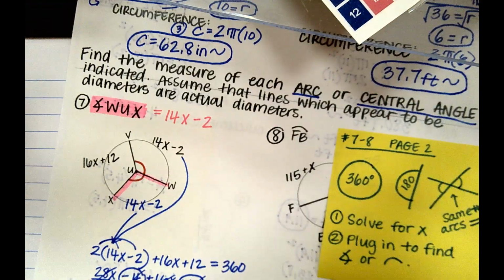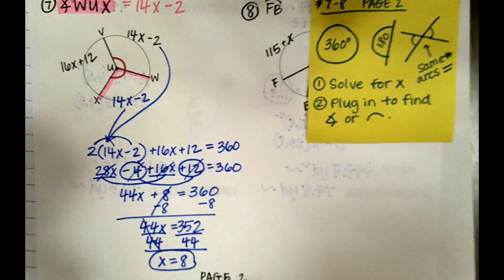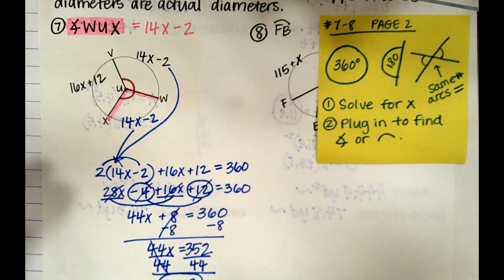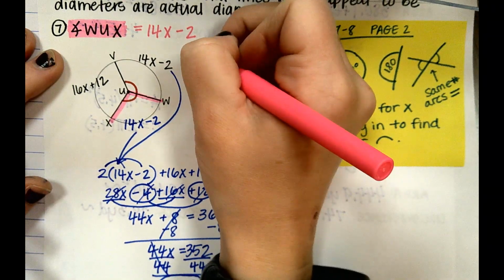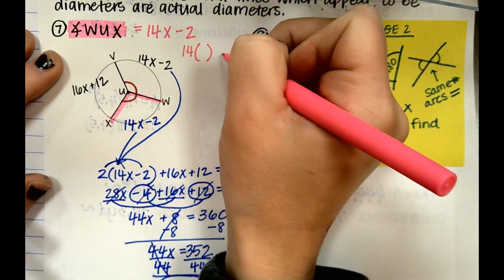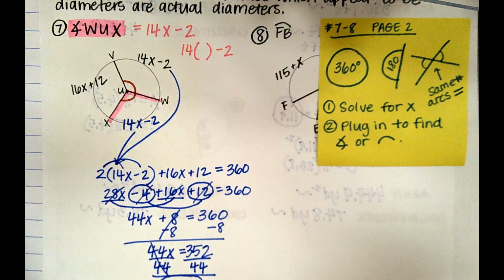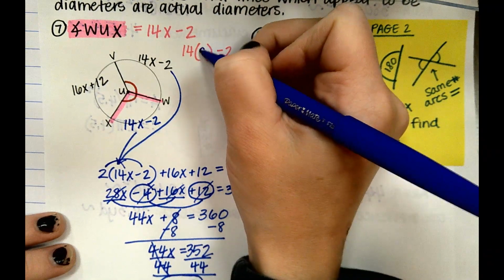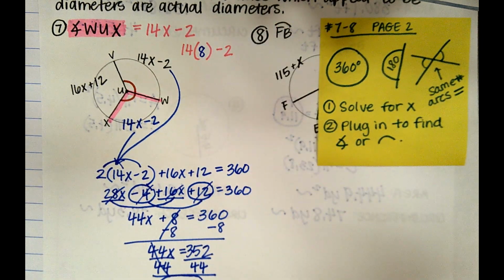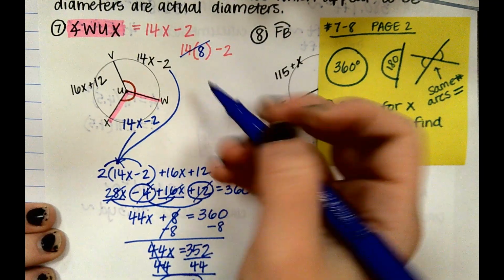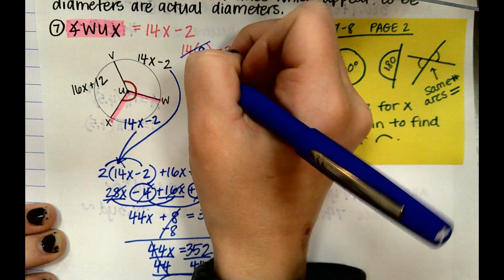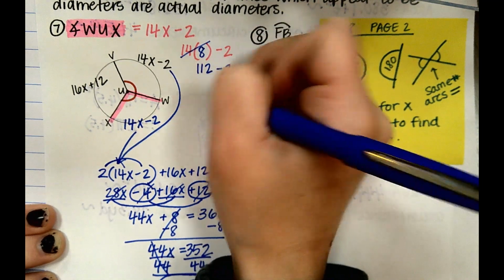Let me see if I can find a way to show it all at once. There we go. So I will do 14 times, instead of x, 8 minus 2. 14 times 8 is 112, minus 2 is 110.